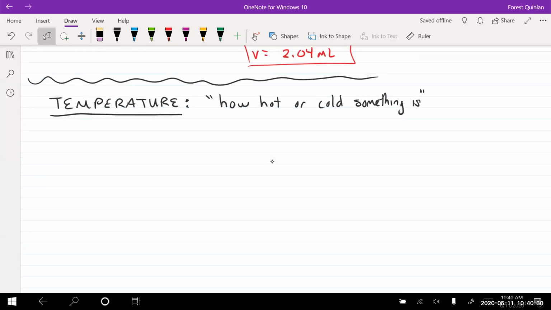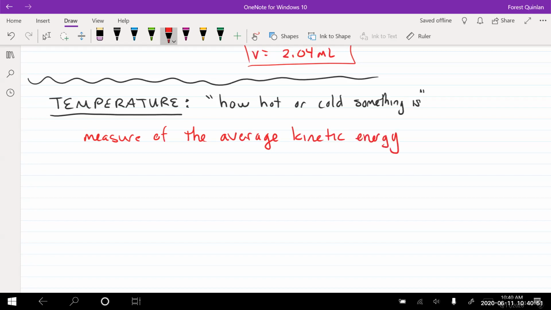The official definition of temperature is a measure of the average kinetic energy of the molecules of the system. That is the much more scientific way of doing it.